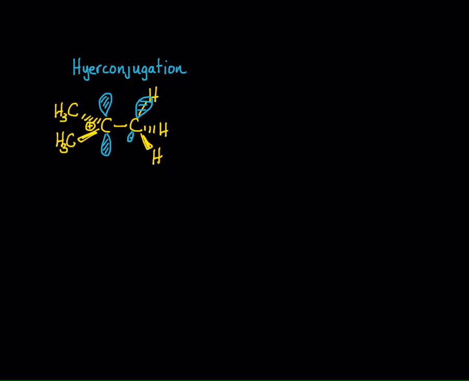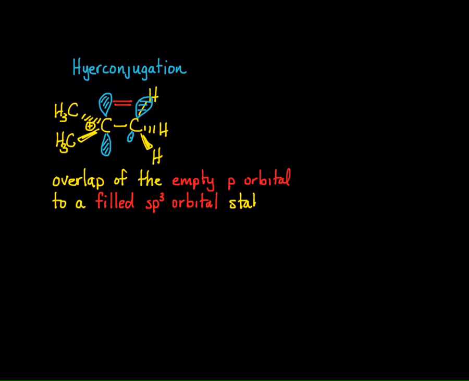Since there is overlap that can occur of a filled orbital of the carbon-hydrogen sigma bond to the empty p orbital of my carbocation, I know this is going to produce stabilization. Why? Because overlap of any empty orbital with a filled orbital stabilizes species.